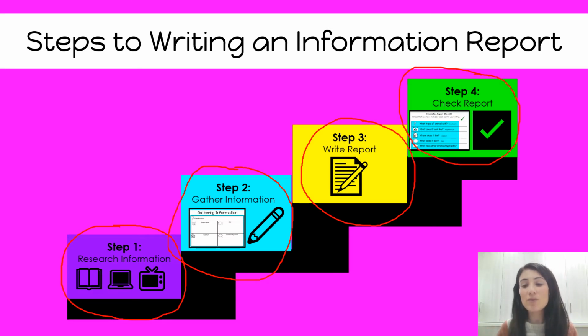Every time we write a text, every time we write something, we need to be able to go back and check that we've got all the things we need and check that everything's right, all the information is right in there. So that's the very final process that we're going to be doing. The last thing we do is we check that our report is correct and it's got all the information we need.